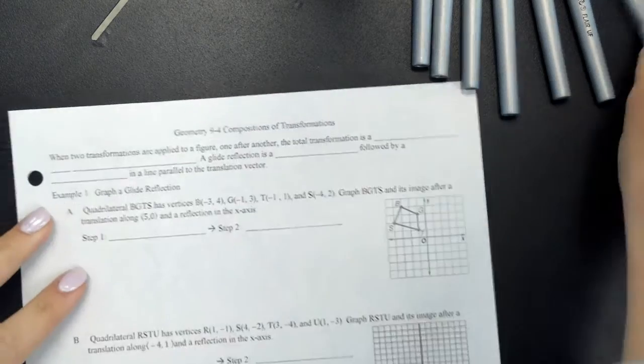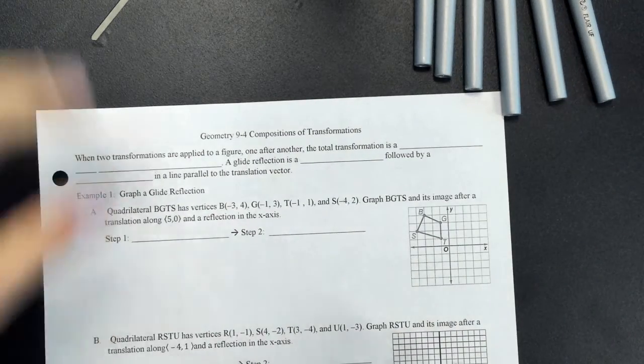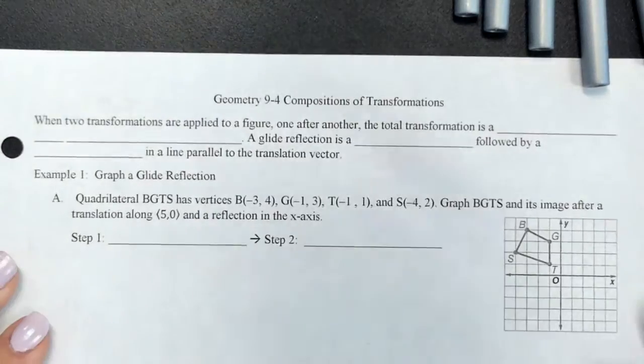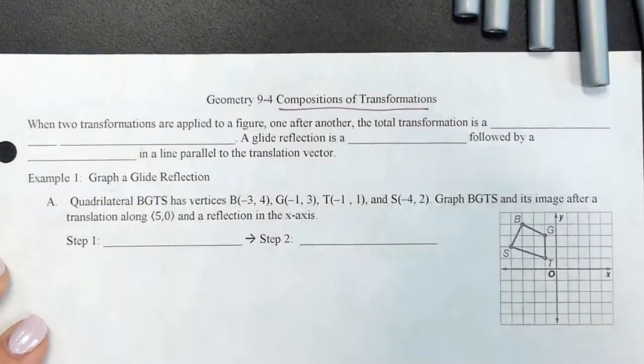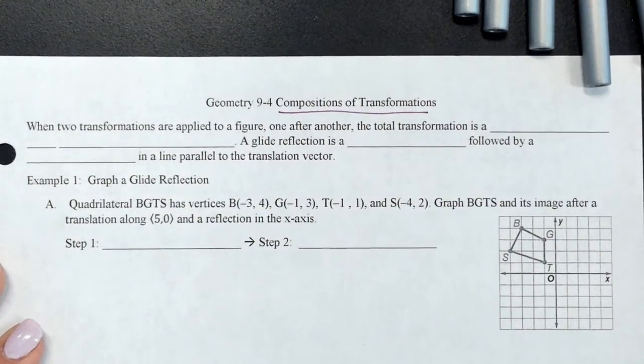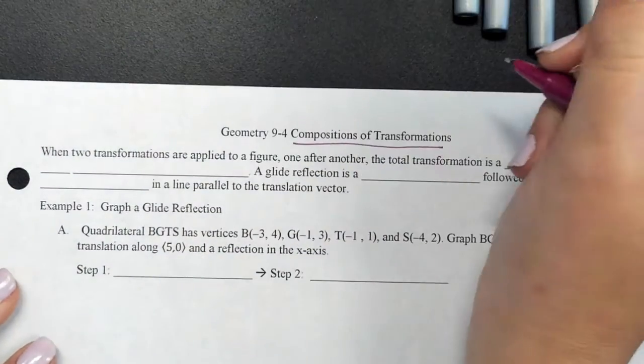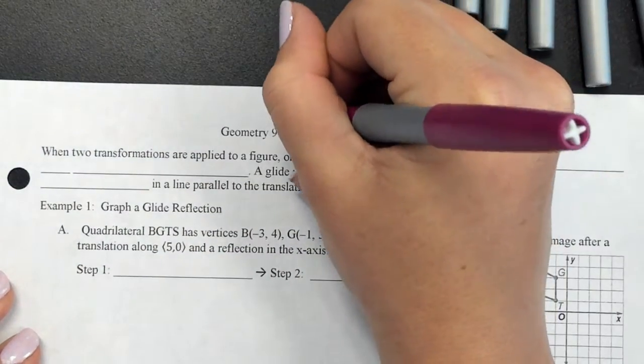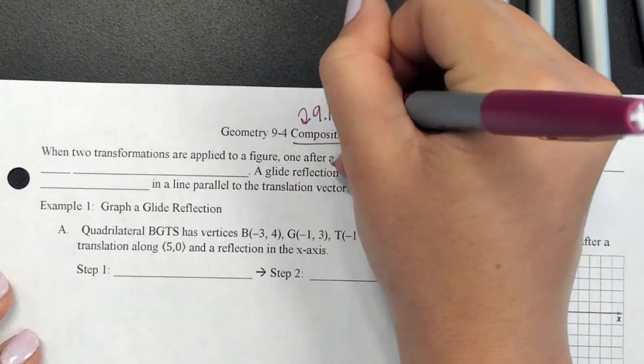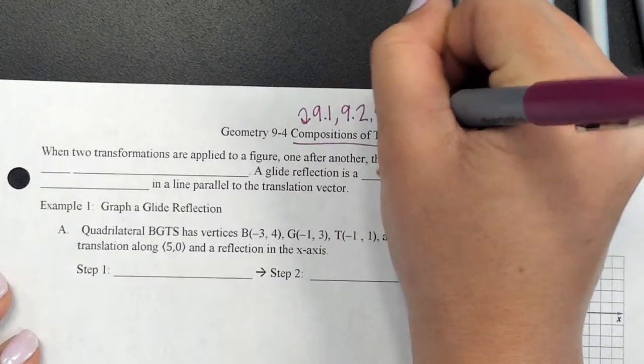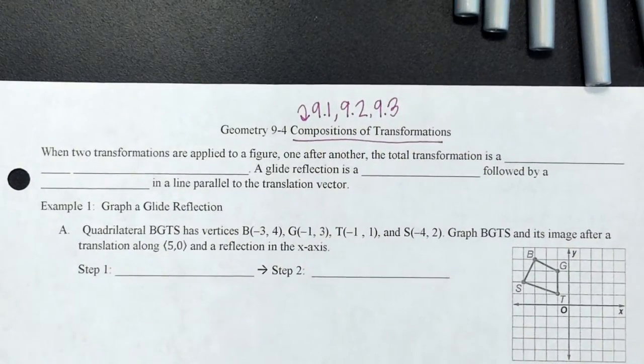So, it's called compositions of transformations. What that means is a composition is more than one. So you're doing 9.1, 9.2, 9.3 to make a composition.